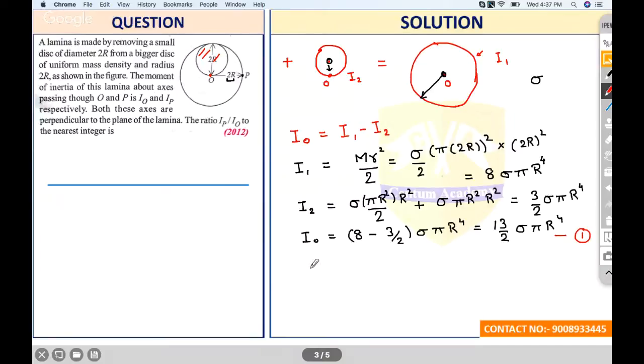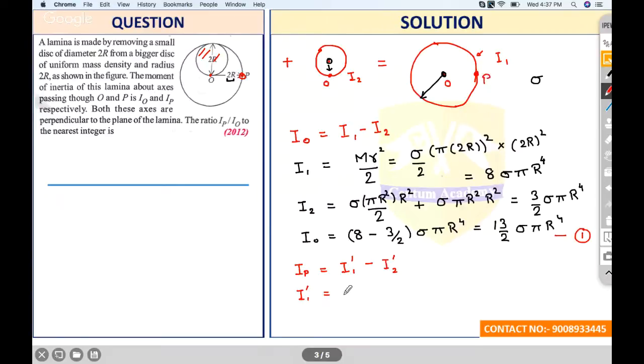Now let's try to find out the moment of inertia about this point P. Again using the principle of superposition, it will be I1 dash minus I2 dash. I1 dash will be what? I1 dash is the moment of inertia of this bigger disk about that point.